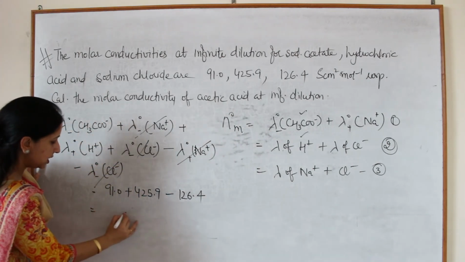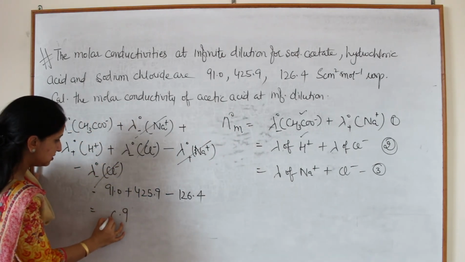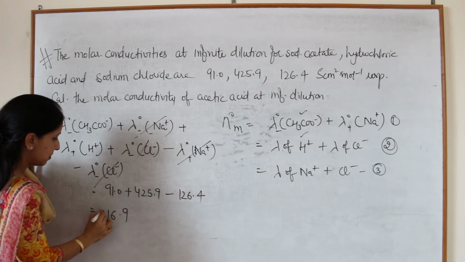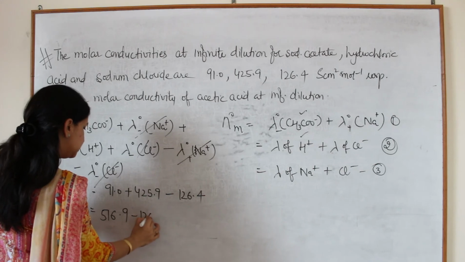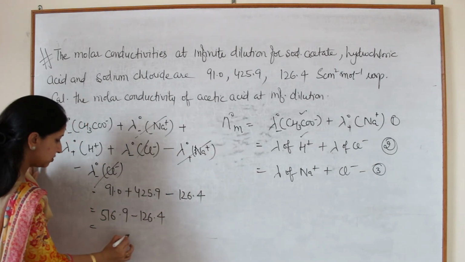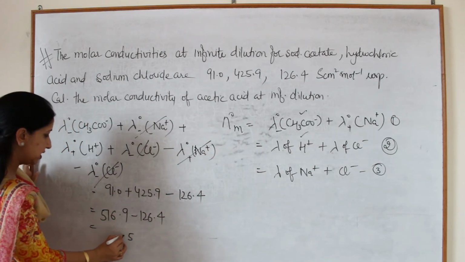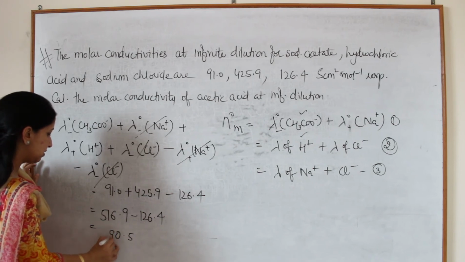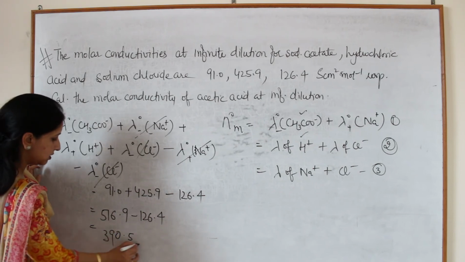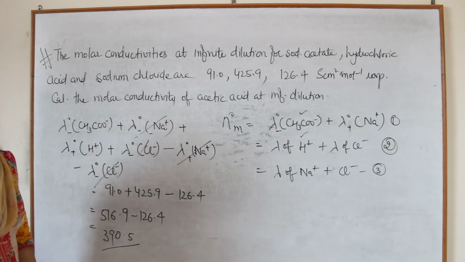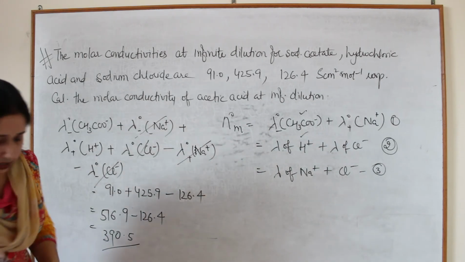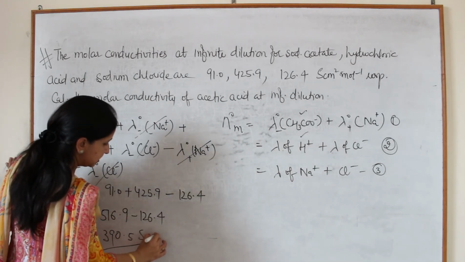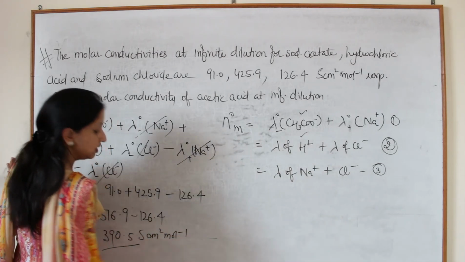So the answer will be 516.9 minus 126.4, which is equal to 390.5 Siemens centimeter square mole inverse.